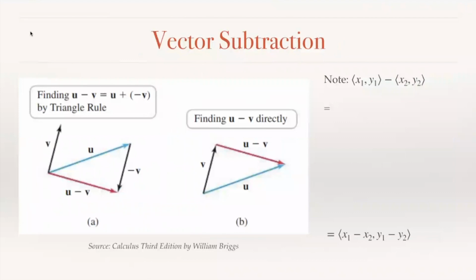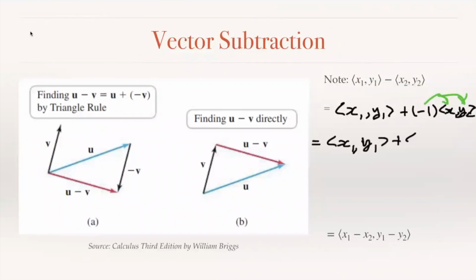And algebraically, we should note that (x1, y1) minus (x2, y2) is the same as (x1, y1) plus negative 1 times (x2, y2). Distributing this negative 1 to both coordinates, that's (x1, y1) plus (negative x2, negative y2).